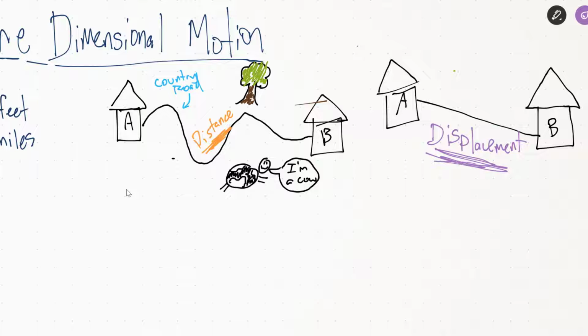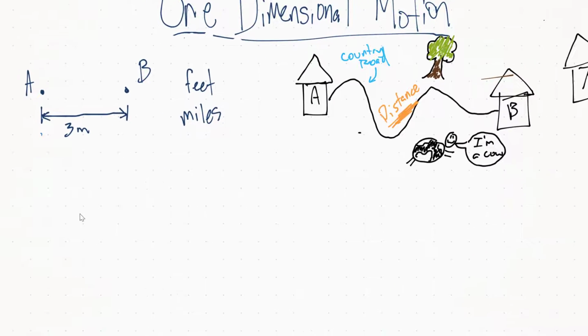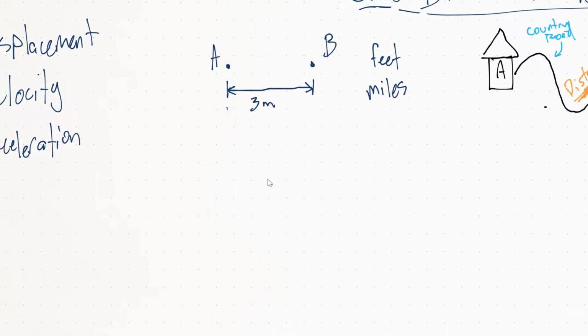Now that we understand the concept, I will show you how to use displacement mathematically. Displacement is most often seen as this delta x symbol. Delta x is equal to x final minus x initial. The delta symbol simply means change.